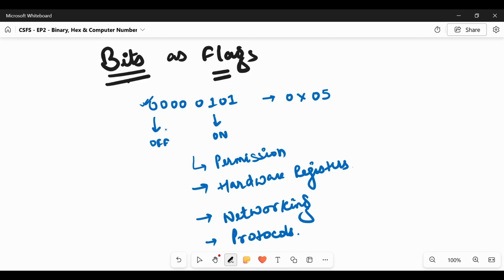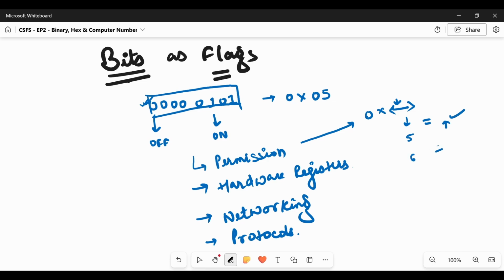Just understand that at the hardware level, everything is represented in this format. Whether we have to declare a permission, we will give any value, and if that value is high or low, we will just compare at the bit level. Bit 5 is high, okay, do this operation. Bit 5 is low, do this operation.